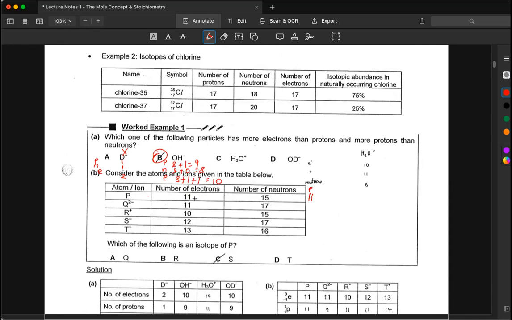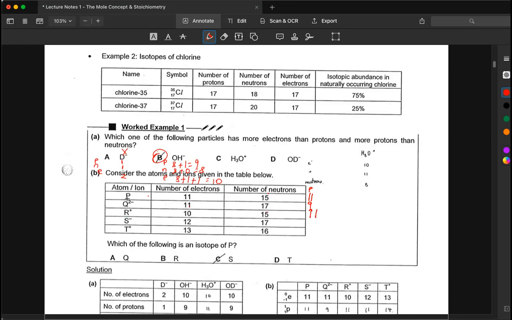And then you just match. So 11, because it gains 2 electrons, the original number of protons should be only 9, so it cannot be Q. As for R, it can be, sorry, but the number of neutrons happens to be the same, so it cannot.